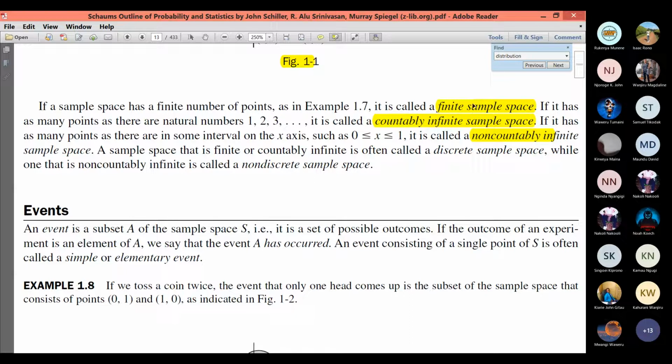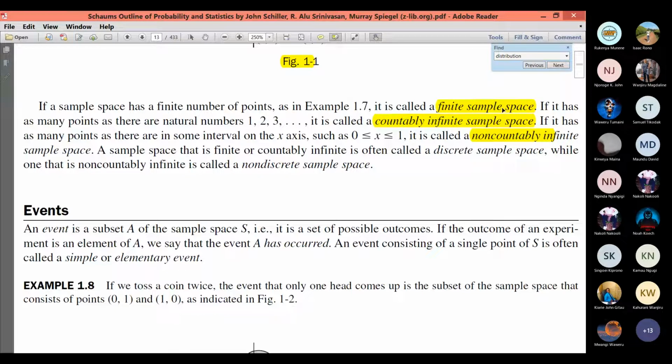Those are the three that I want. A finite sample space is like that one of the coin. That one you can count, or a die, or any other experiment where you can easily count the number of outcomes, 1, 2, 3 up to some point. So we call those finite sample spaces.